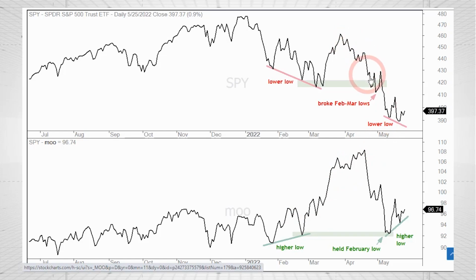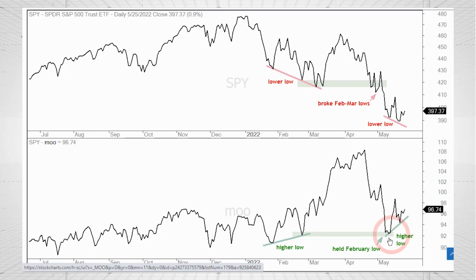And then if we go forward here in April, we can see SPY breaking below the March low there. Whereas we look at MOO on the bottom, it is holding that February low. There's the February-March low support zone, and it's holding this zone in MOO. So that's a sign of relative strength. We didn't get a lower low there.